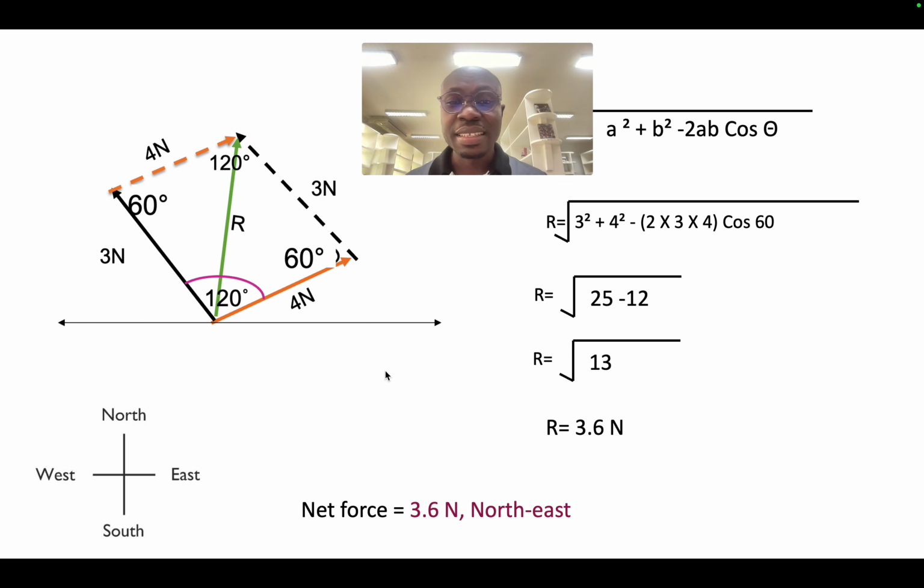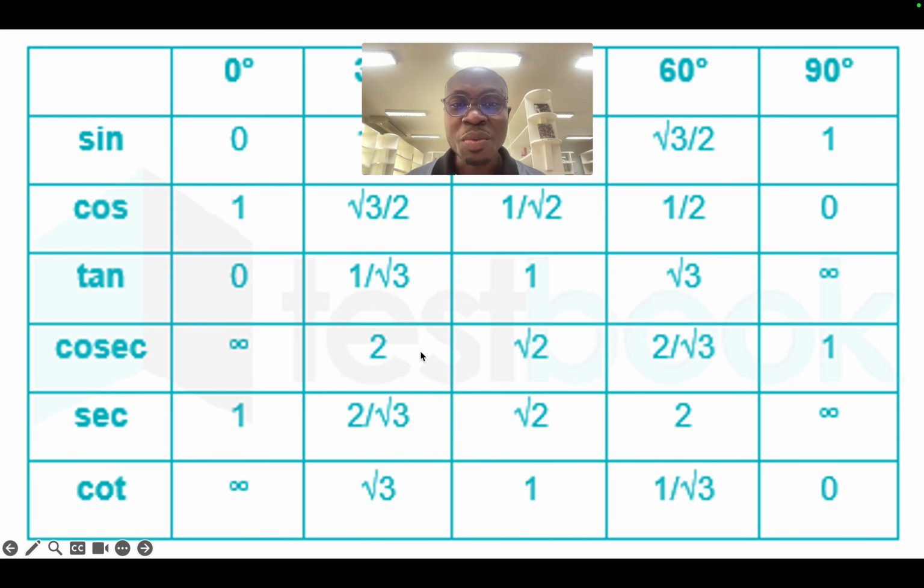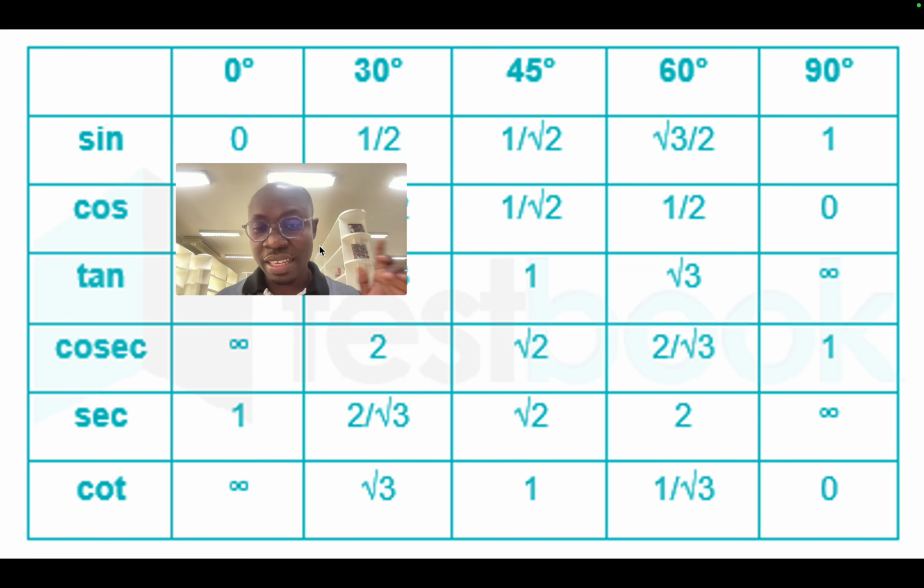Okay, this is the hard way, right? The hard way is good because you can also know the direction easily, okay? Now, why should we use the hard way? Because sometimes, I think in your test, you cannot use a calculator, okay?